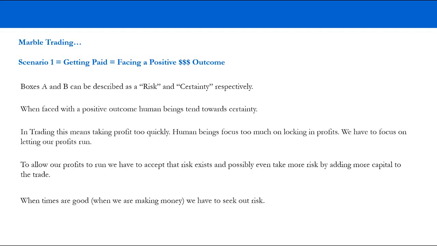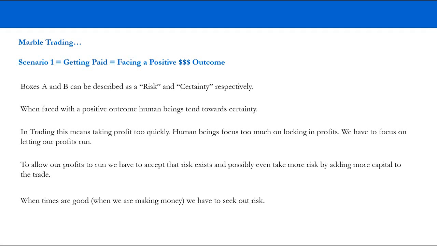So in scenario one, getting paid, usually 8 out of 10 respondents would tend towards box B, and 2 out of 10 would tend towards box A. So 80% of people will tend towards certainty, and 20% of people will tend towards risk.